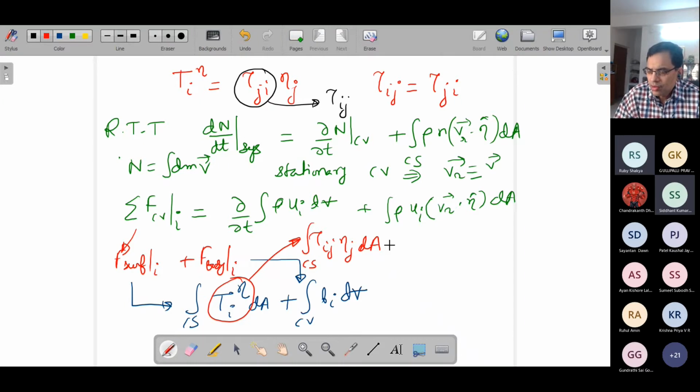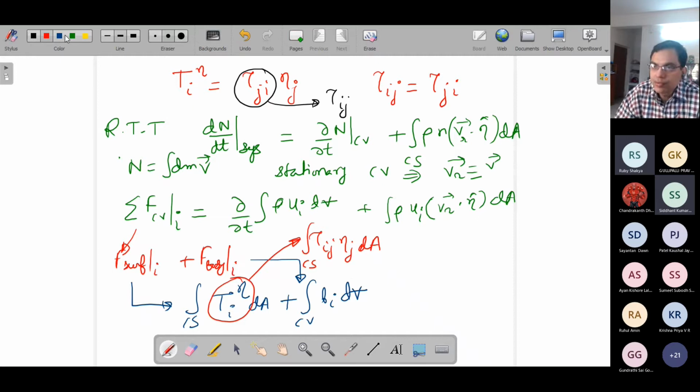For its use, this term has to be written as a dot product of any vector with the normal vector.